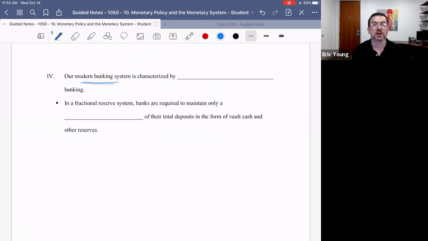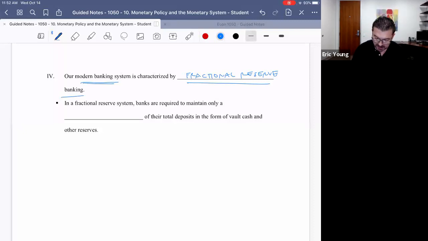One of the critical things to understand is that modern banking systems are characterized by what is known as fractional reserve banking. This is very important. Modern banking is fractional reserve banking.